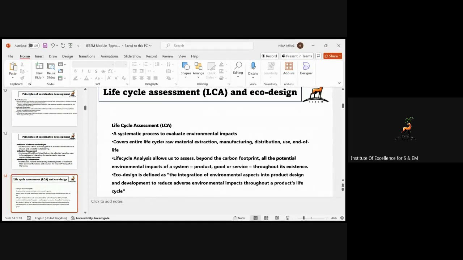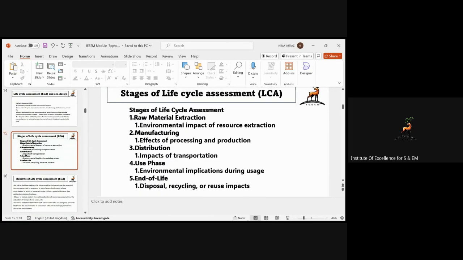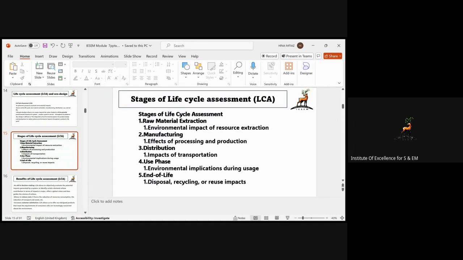For instance, if any product is causing an adverse environmental impact, we have to present such eco design which is environmentally friendly and which reduces that type of hazardous environmental impact. So what are the stages of the life cycle assessment?